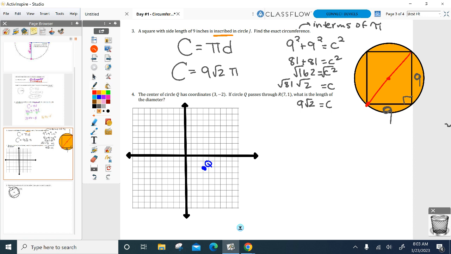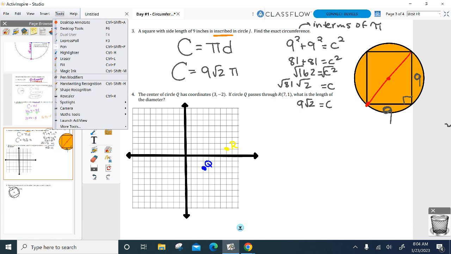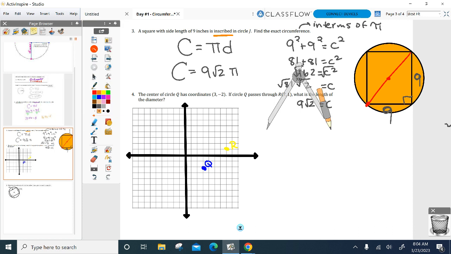And it goes through 7, 1. All right, let me give you a better visual here.